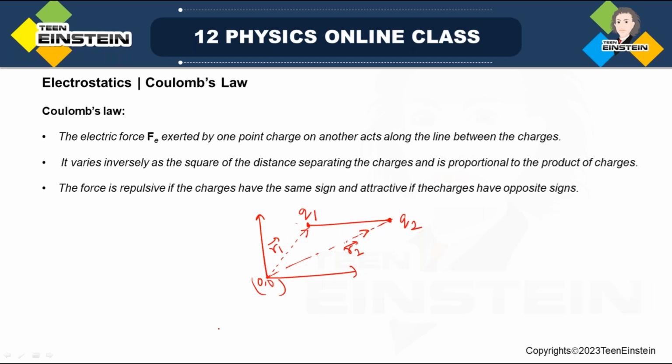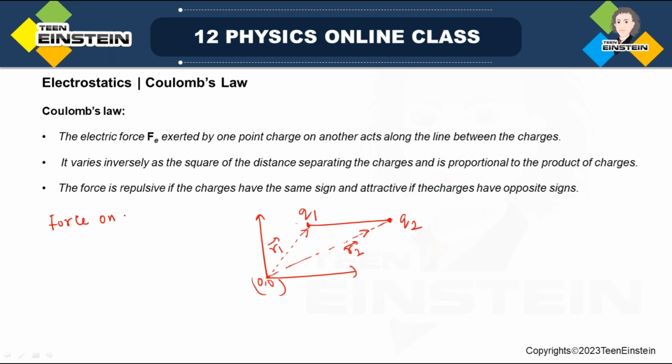So then see, how do we write the vector form of this Coulomb force? Suppose I want to write force on Q1, let us first take the repulsive nature.